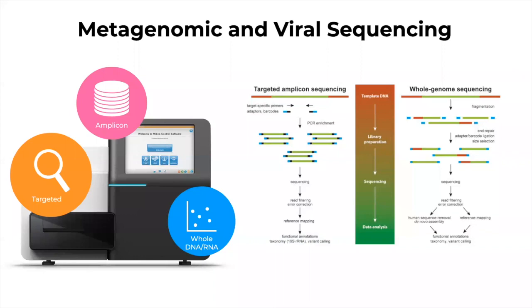Now, this is different from whole DNA and RNA sequencing, and one of the reasons is because whole RNA and DNA sequences are not going to have a uniform sequence. So the longer the sequence that we have and the more variation in the sequence that we have, we will have a variable coverage for that genome. And so those are some different types of sequences.